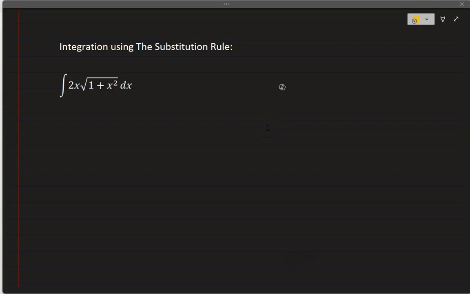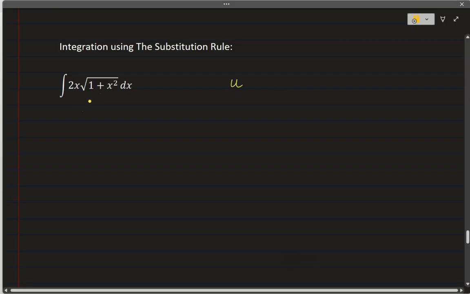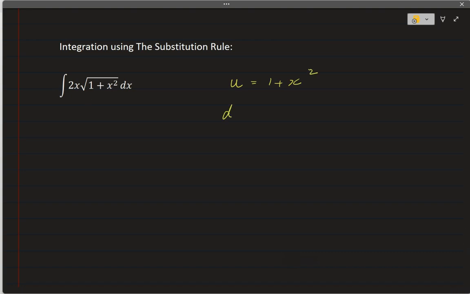All right, first thing, once you see an integrand, which is the value inside, you notice that one of the terms is kind of a derivative of the other term. So in here, we set u equals 1 plus x squared. And once we have that, we're going to take the derivative of both sides.